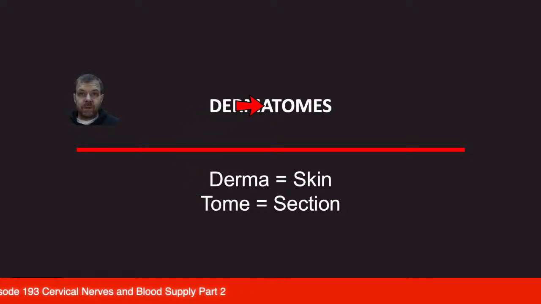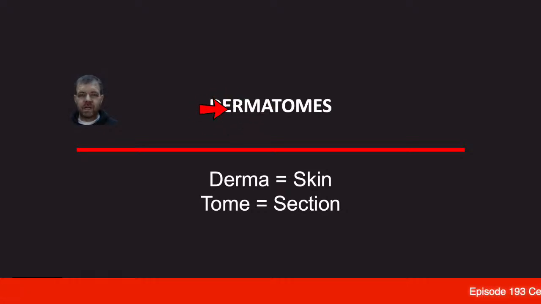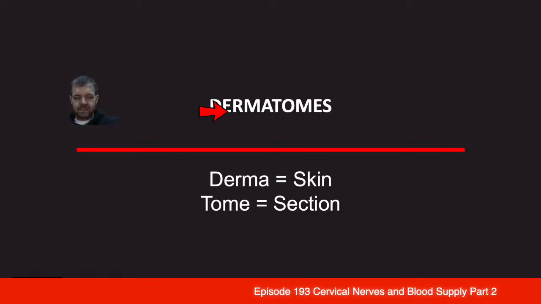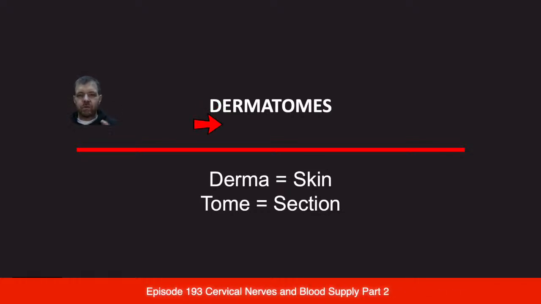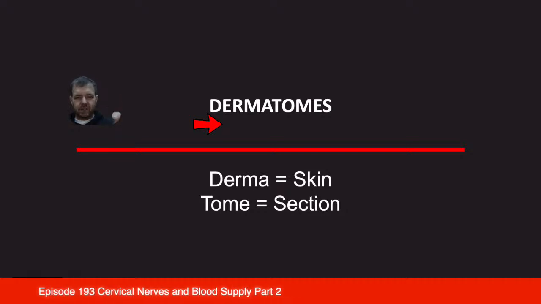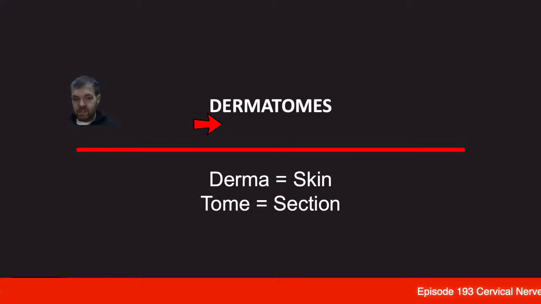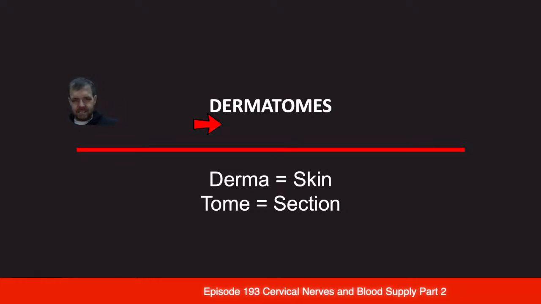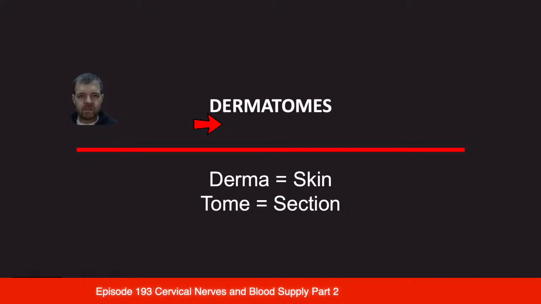So if we split up the word, as in a lot of anatomy, we split up dermatome into two sections. So we've got derma, which means skin, and then tome, which means a section. So there will be a specific section of skin that is innervated by a specific, in this case, nerve root. So you might have heard of C5, C6, C7, and again, we went over those last week.